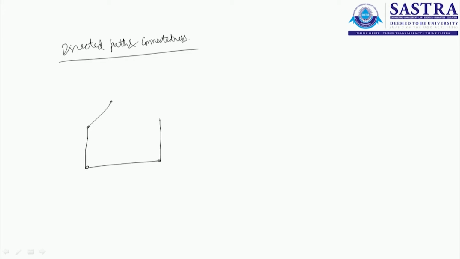Now I will move to the next part, the directed path and connectedness. I will explain this using an example here. This one will be E5, this one will be U2, E4, U1.